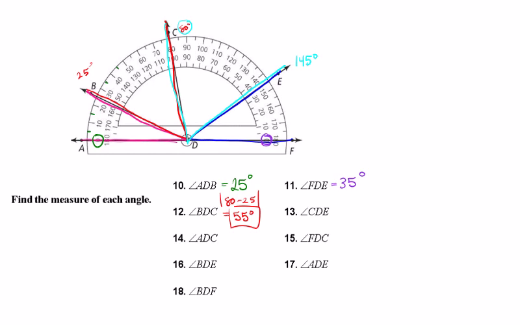So we do 145 minus 80, and we get, you guessed it, 65. All right, and remember, technically we're doing an absolute value, but if you do the larger number minus the smaller number, you'll always get a positive, right? So make sure your answers for these are all positive.